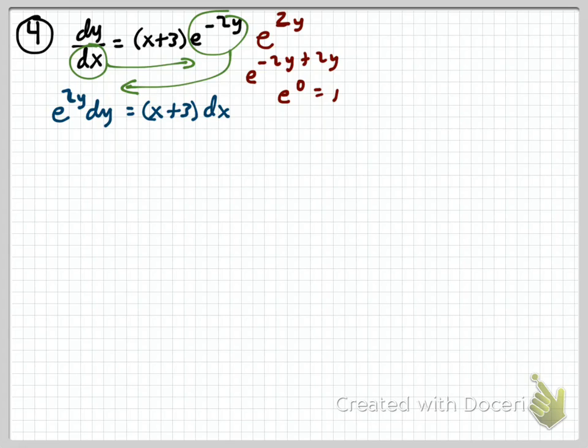And then if I take the integral, or integrate both sides, we're going to get 1/2 e to the 2y equals x squared over 2 plus 3x plus c. Okay. And so we need to solve for y.